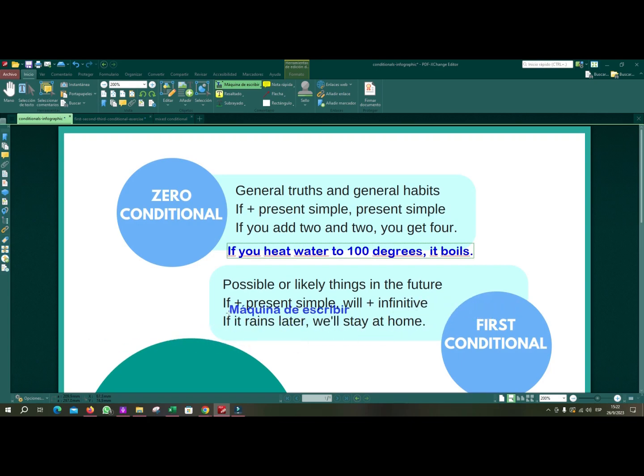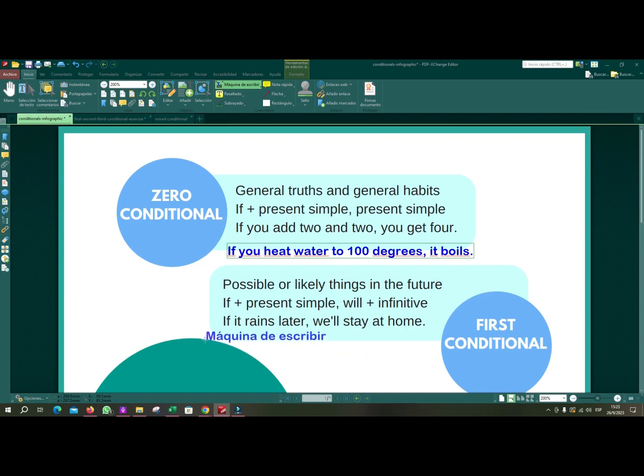So in the if clause, simple present. In the main clause, you're going to have the future, in this case, will, plus the infinitive form of the verb. For example, if it rains later, comma, we will stay at home, right?